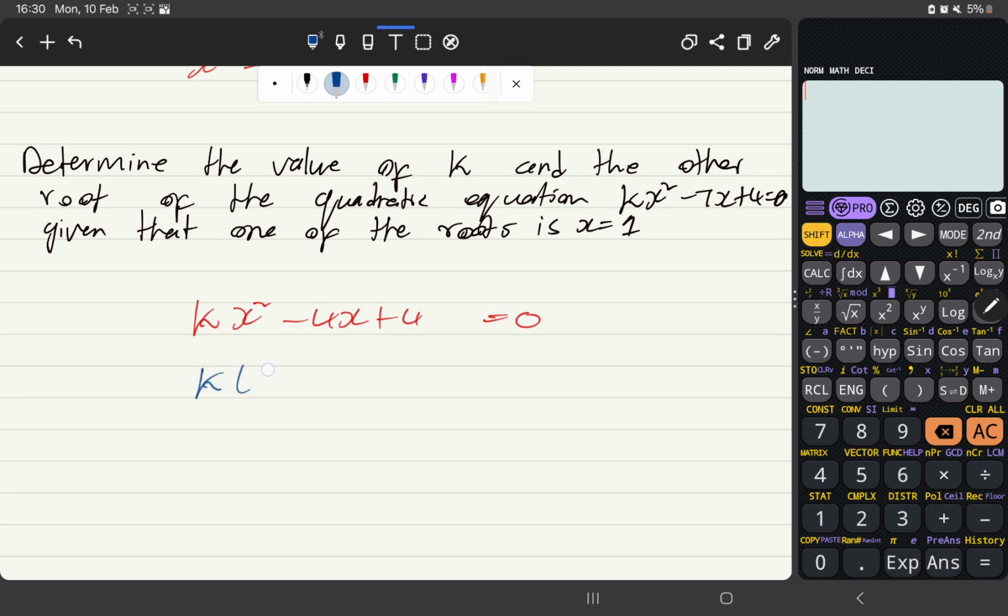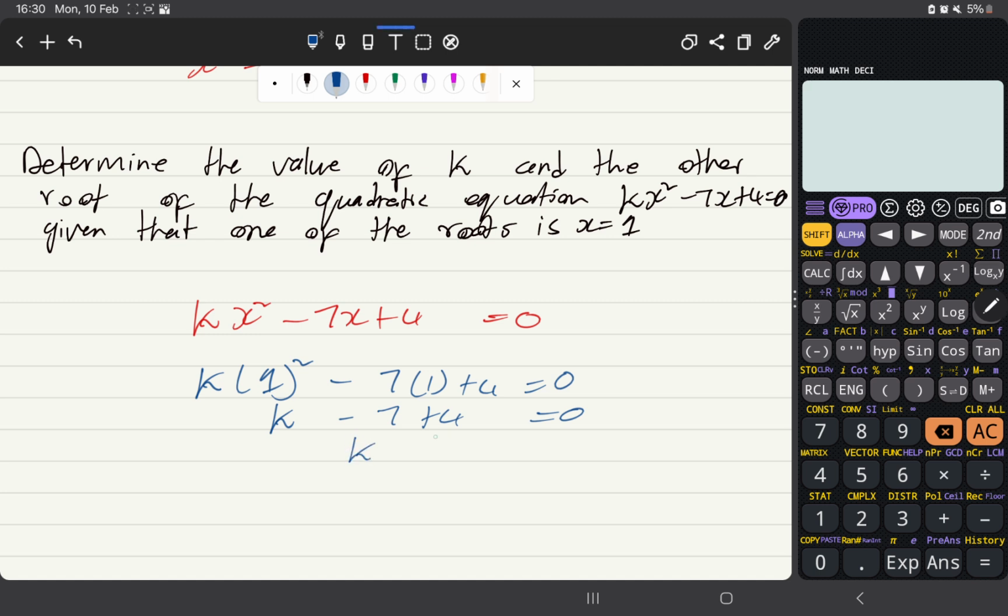I have k, I substitute 1, minus, of course, 7. It's 7, it's not 4. I do the maths. I have k minus 7 plus 4 equals to 0.